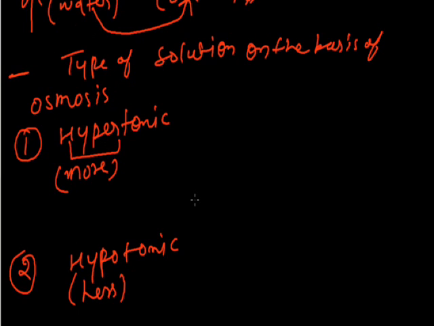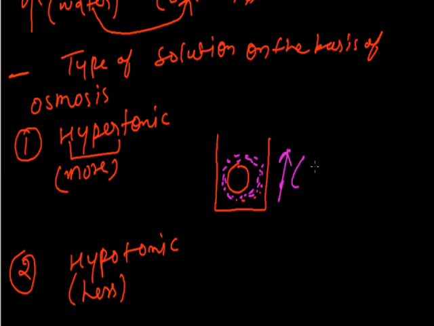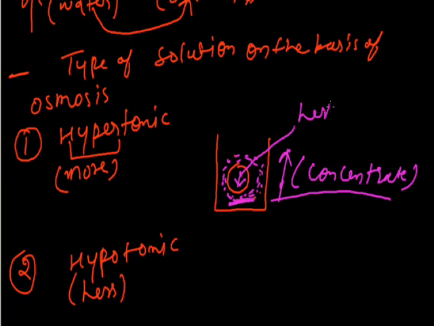Then what are the hypertonic, hypotonic and isotonic solutions? Before starting that, I'll give you some examples. If the medium outside the cell is higher concentrated, I'm talking about the solution, if the outer solution is more concentrated than the inner solution, it means the inner will be less concentrated.